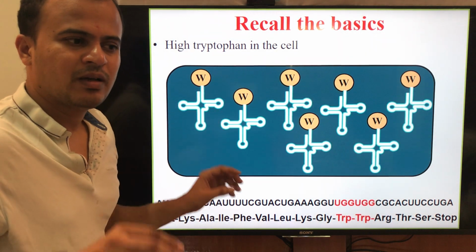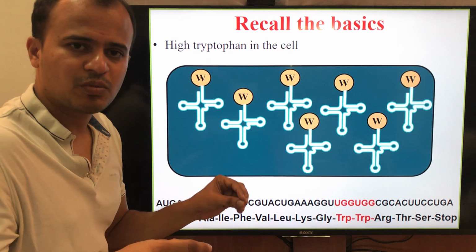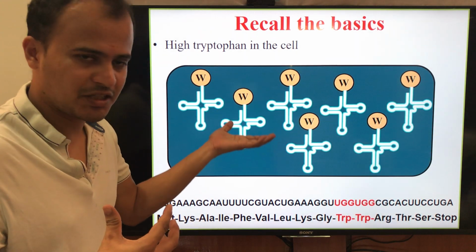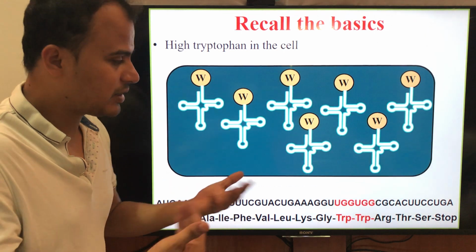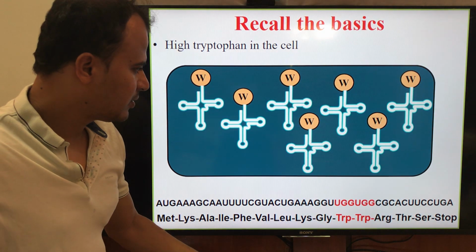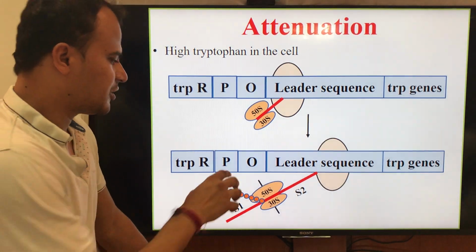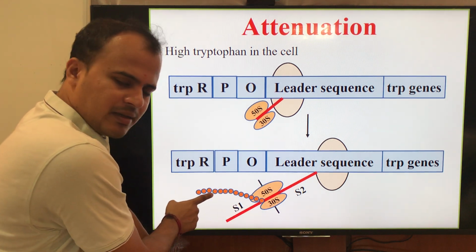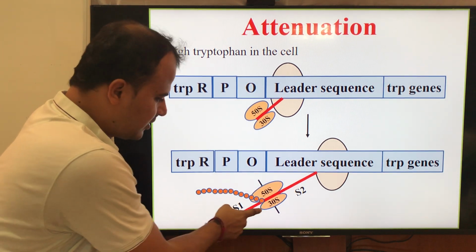That means ribosomes easily find the charged tRNA, that is tryptophan. Therefore, the translation moves smoothly. Again, coming back to this picture, you can see this is the 14 amino acid peptide that is formed.